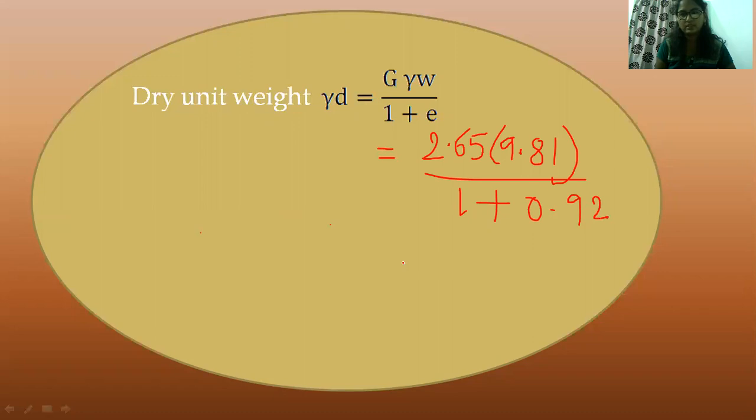We will get gamma d is equal to 13.53 kilonewton per meter cube. The dry unit weight of the soil is 13.53 kilonewton per meter cube.